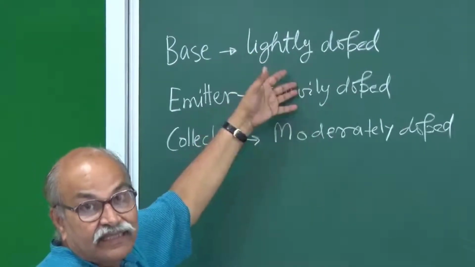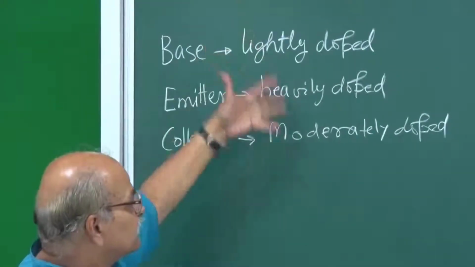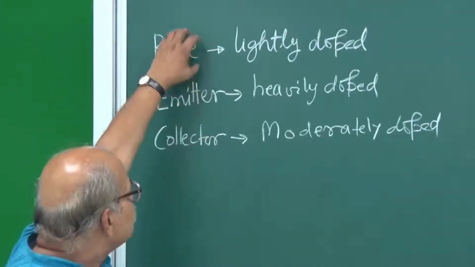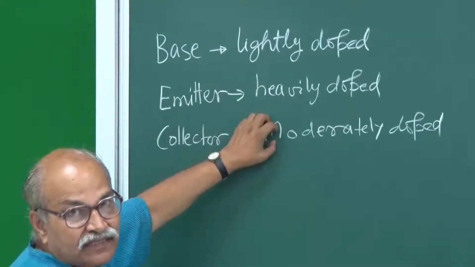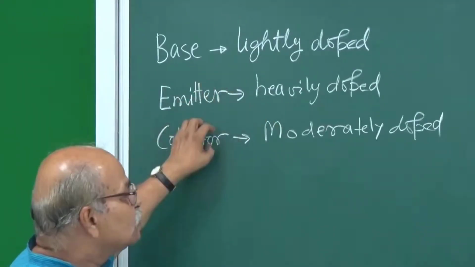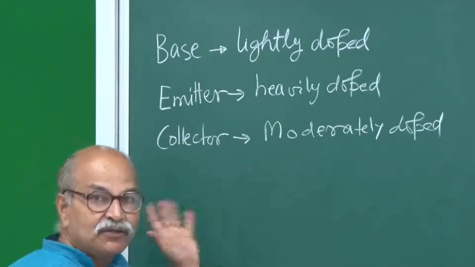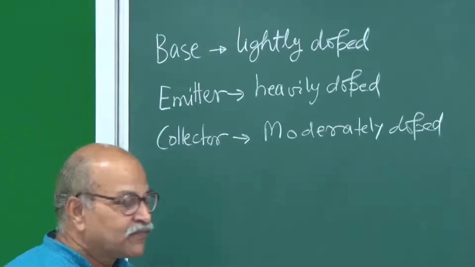The collector will be a little less than the emitter. So doping levels are different, and therefore you cannot interchange emitter and collector, although on a diagram it may look like both are the same.